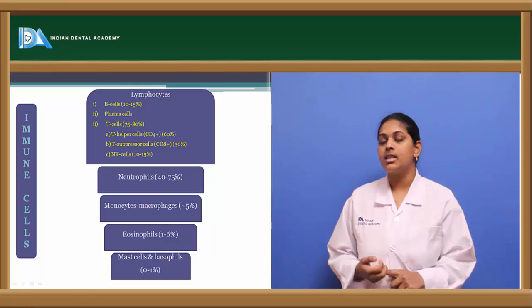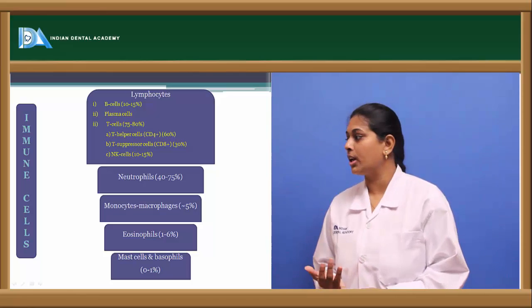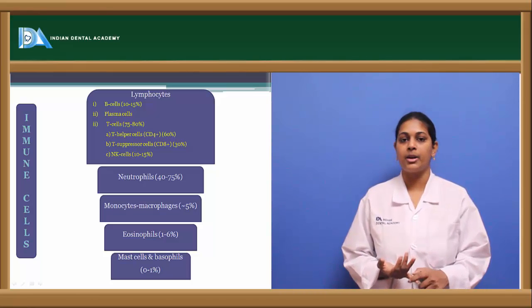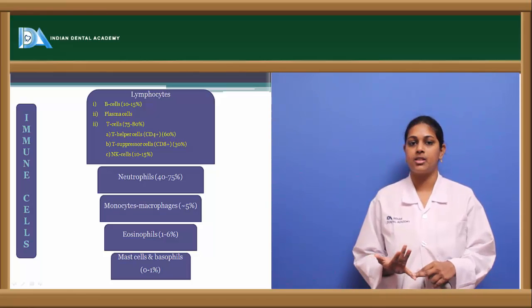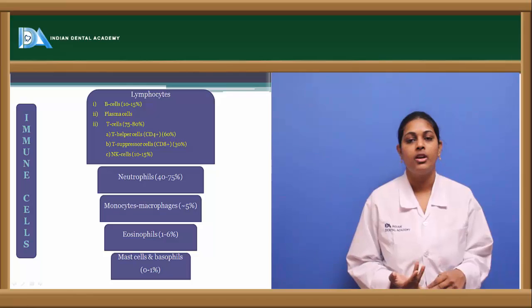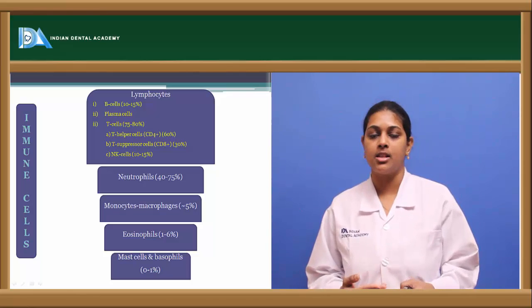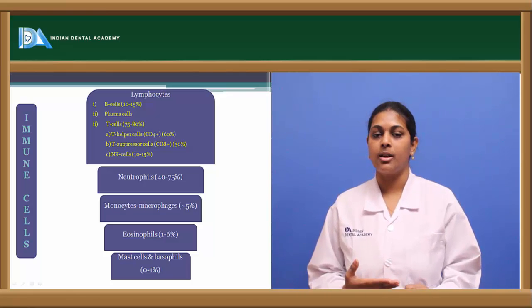The T helper cells are denoted by the presence of CD4 plus cells, which are usually 60% of the total, whereas the T suppressor cells are denoted by the expression of CD8 plus cells. In the ratio of CD4 plus cells to CD8 plus cells, CD4 plus cells are usually twice the number of the CD8 plus cells.